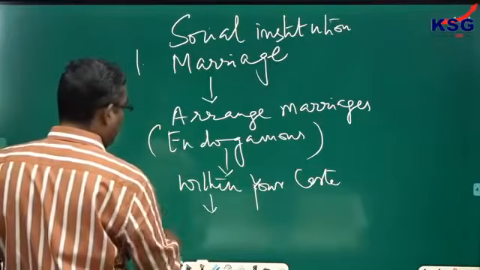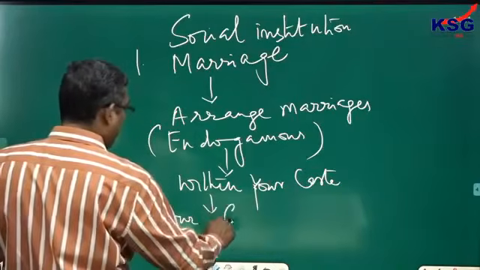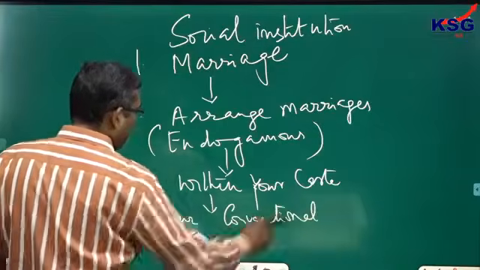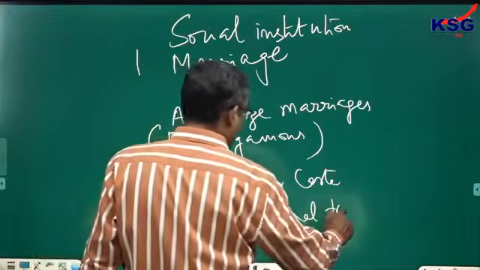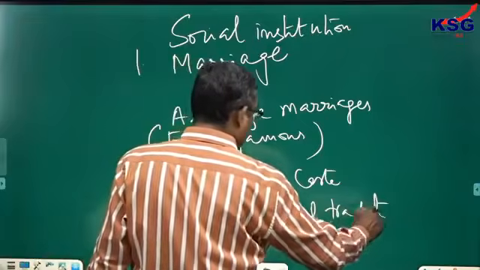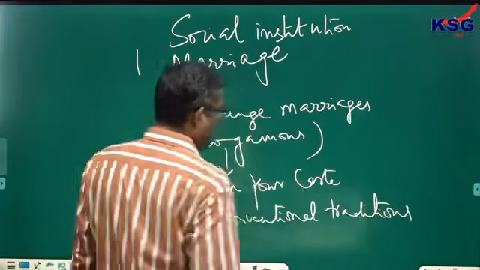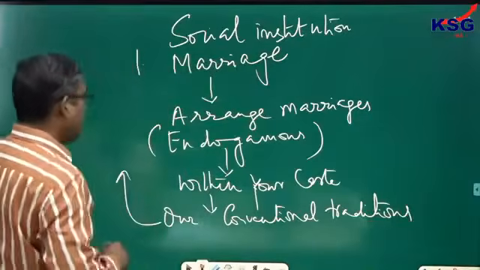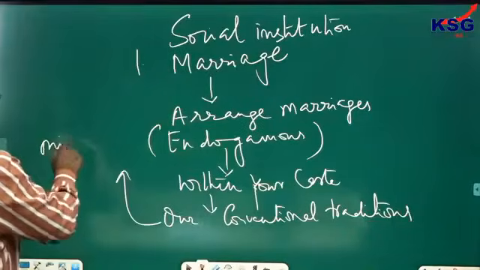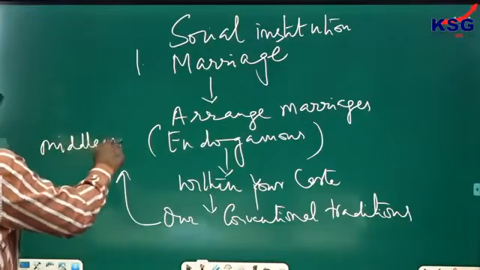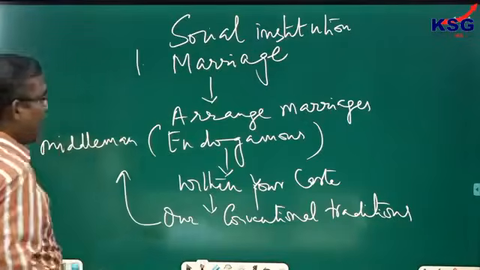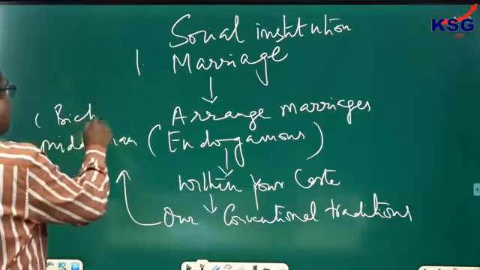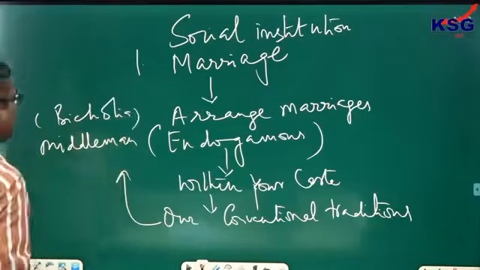And how did marriage used to take place? By our conventional traditions, right? For example, there used to be middlemen in villages, in cities. In northern India, they called them बिचौलिया.